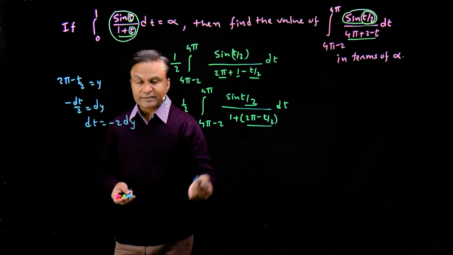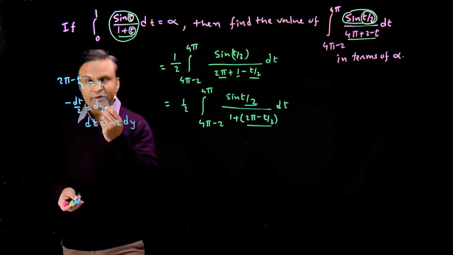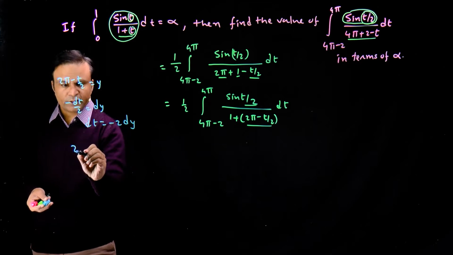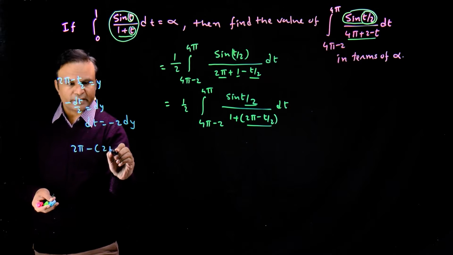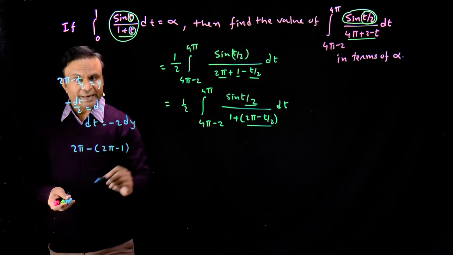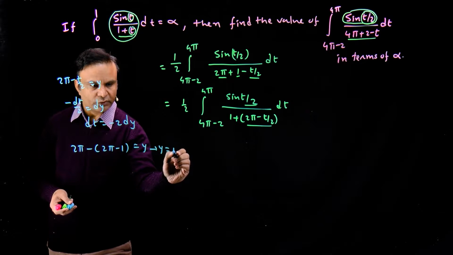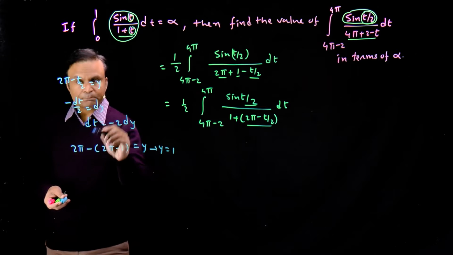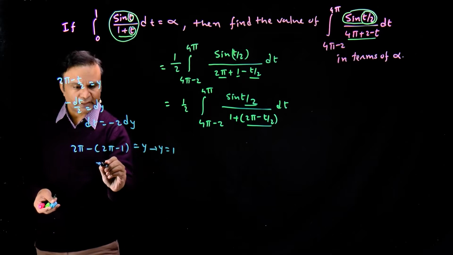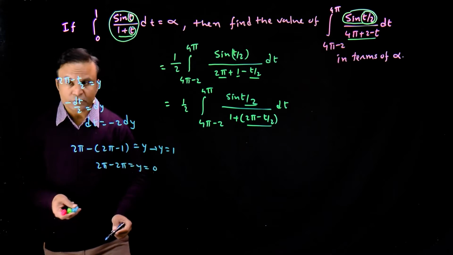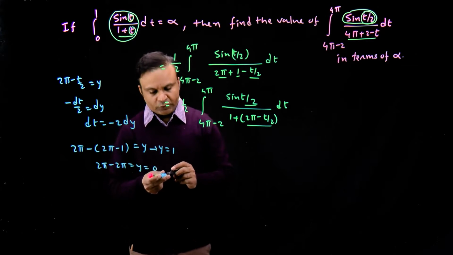and there will be change in limits also. When t is equal to 4 pi minus 2, so if I put here, I will have 2 pi minus 2 pi minus 1 is equal to y. That means y is equal to 1, and when t is equal to 4 pi, I have 2 pi minus 2 pi is equal to y. That means y is equal to 0.